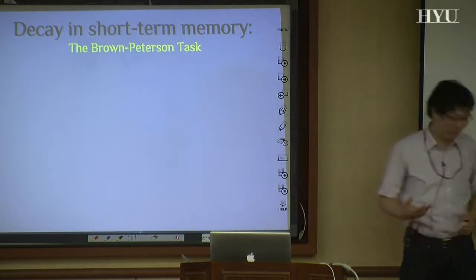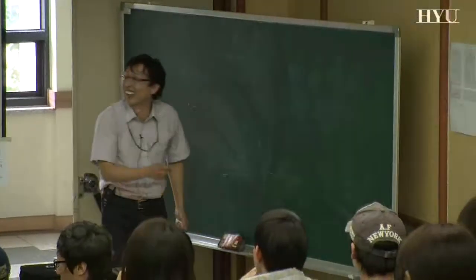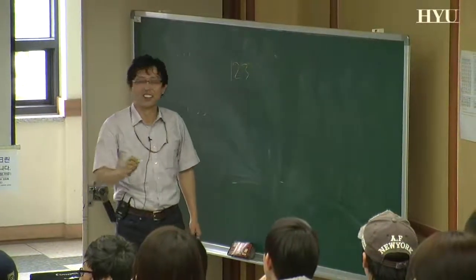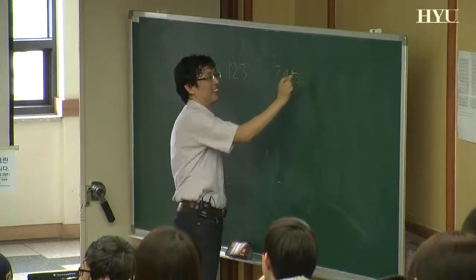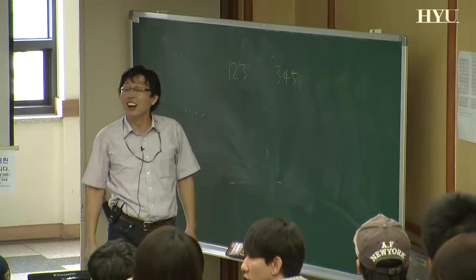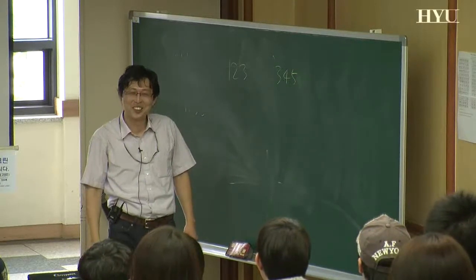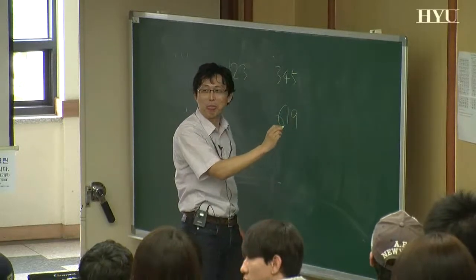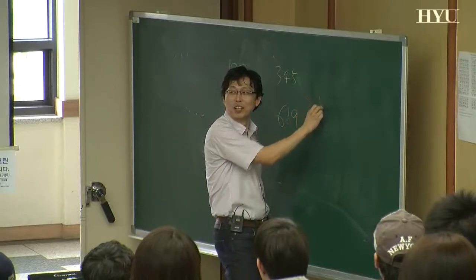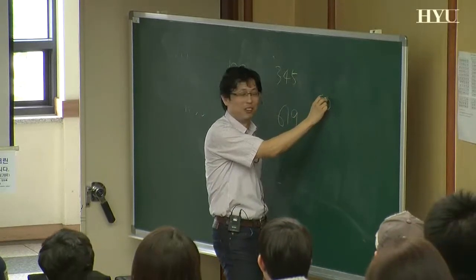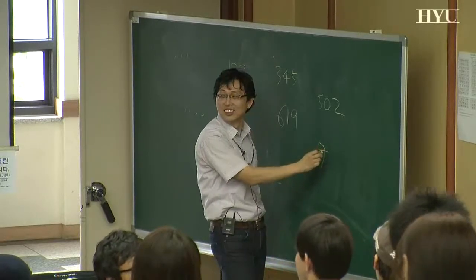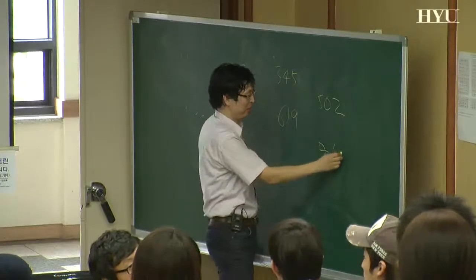Okay, so number. No. 1, 2, 3. 3, 4, 5. Huh? What? 6. 1, 9. Huh? 5. 0. 2, 7, 1, 0.